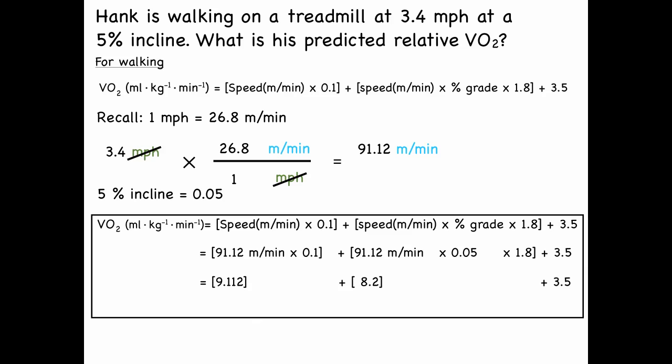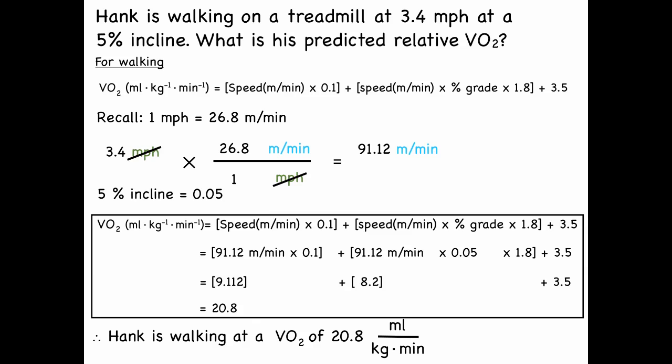I can solve this out, and I end up with 20.8. And note that this is a relative VO2, so this is 20.8 mils per kilogram per minute. So if Hank walks at this speed, at this incline on a treadmill, his VO2 is going to be approximately 20.8 mils per kilogram per minute.